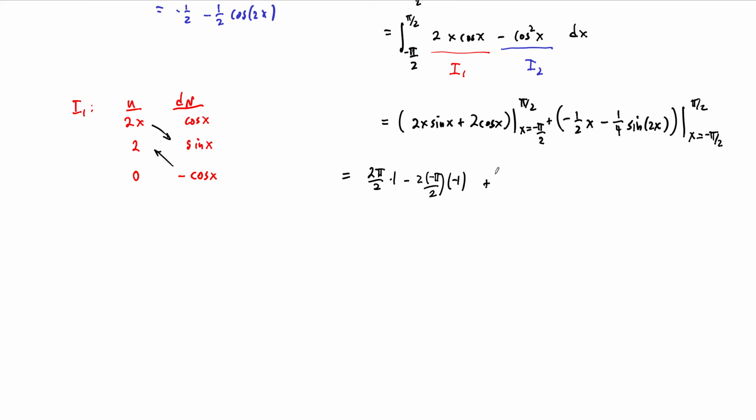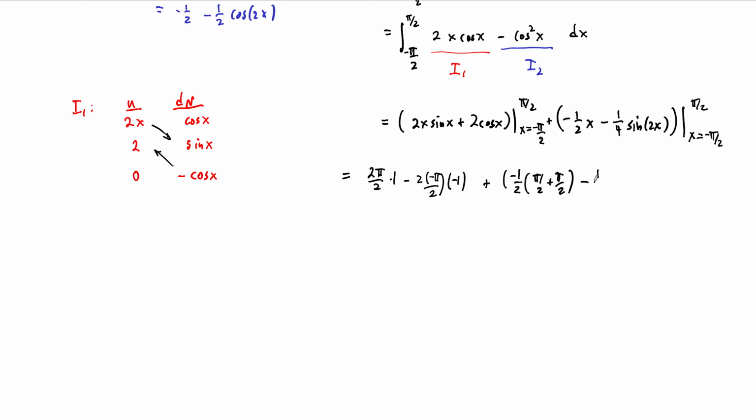Sine of negative pi over 2 is negative 1. Just making sure I've done all this right. And then over here we have negative 1/2 of pi over 2 plus pi over 2. So that'll give us something non-zero.